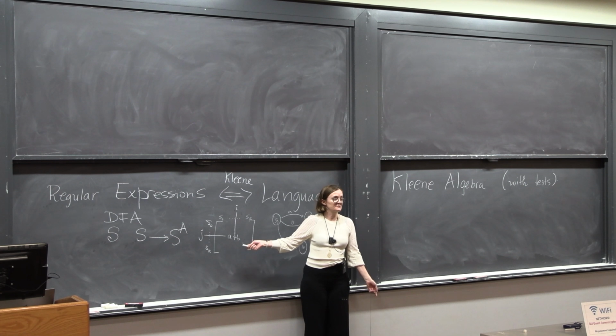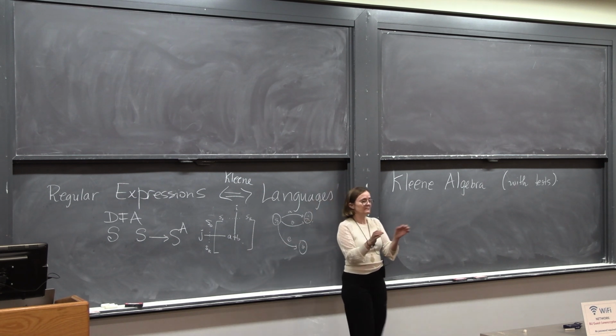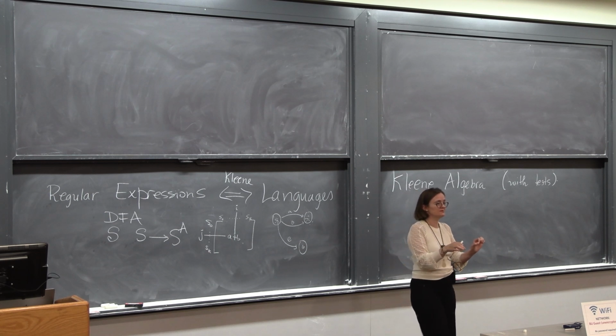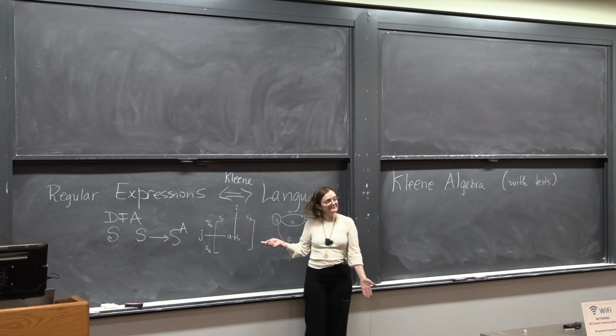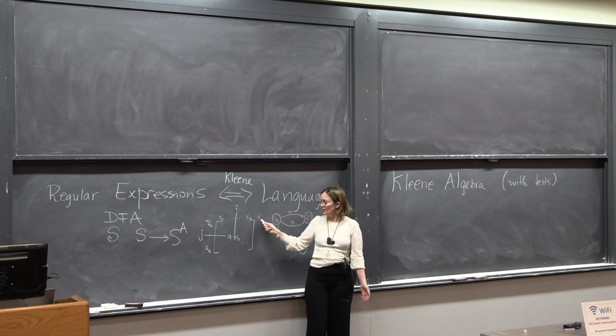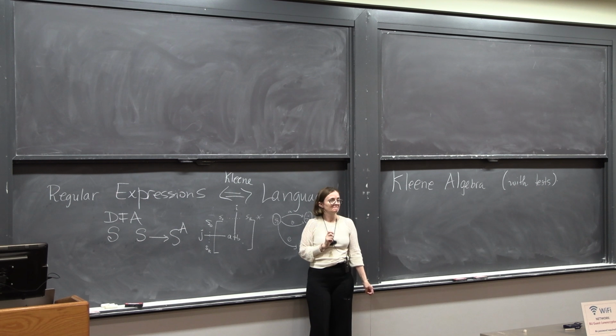The concatenation, I just do matrix multiplication as usual, but when I multiply elements, I use sequential composition. And so now the only thing I am left with is what would be the star of such a matrix. And I will tell you that in a second.